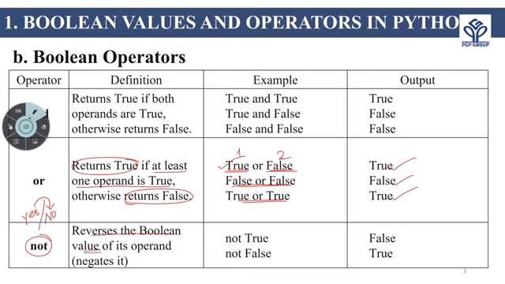What Boolean values do we have? True, false. So the Boolean value is reversed. Not of true gives false. Not true returns false, and not false returns true. Clear?